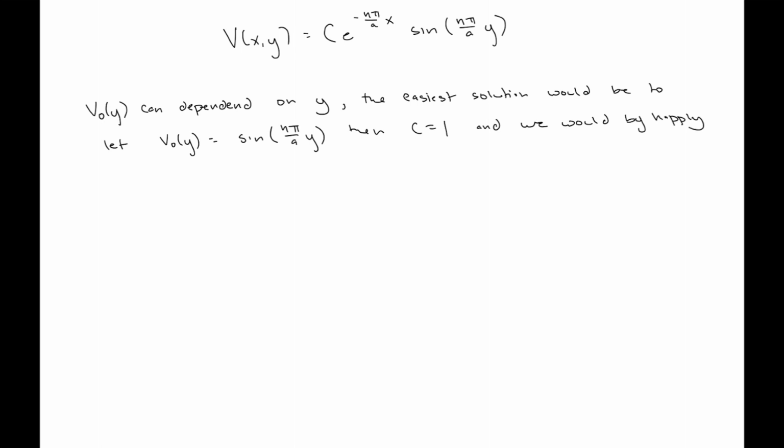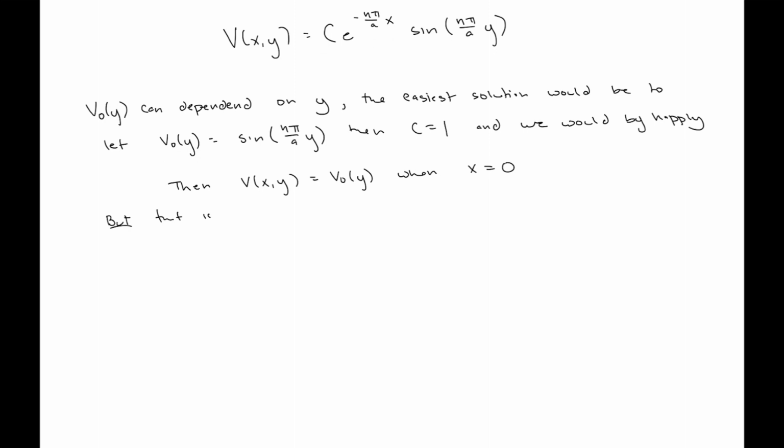Okay, because in that case, right, if I were to plug x equals 0 into this particular equation, c was 1, then we would get our potential at the hot plate back out. So then V of y would equal V naught of y when x is equal to 0, okay?